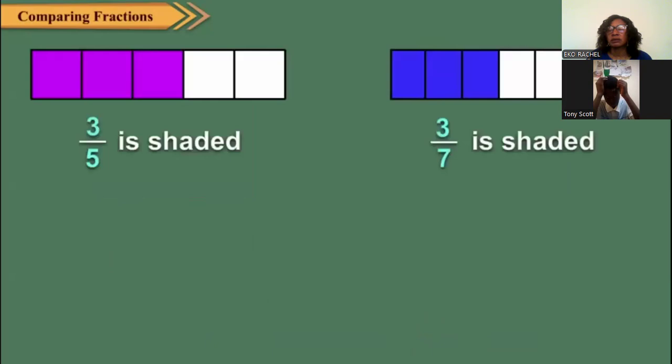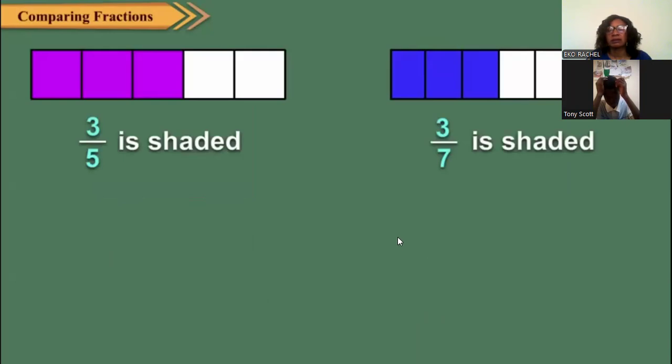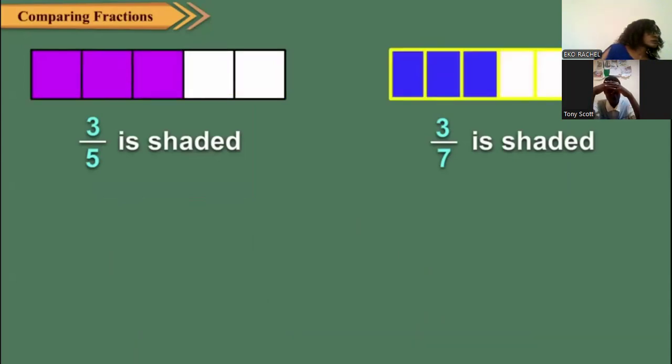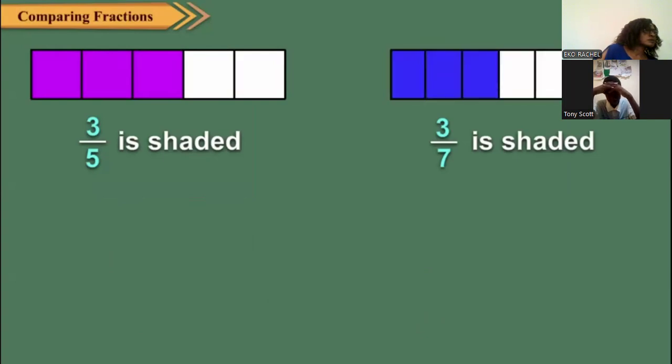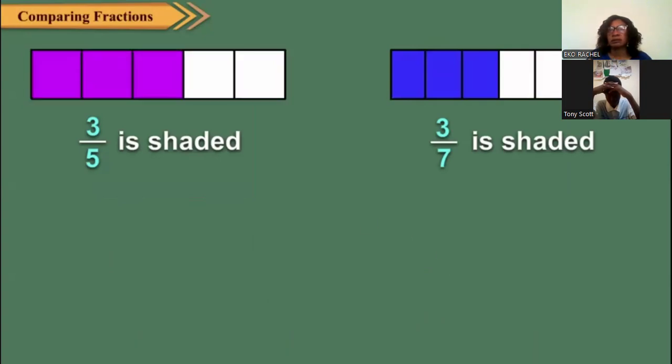Now observe these two strips of the same length. First strip is divided into 5 equal parts, and the second strip is divided into 7 equal parts. Both strips, 3 parts are shaded. Clearly, the shaded region in the first strip is more than that in the second strip.